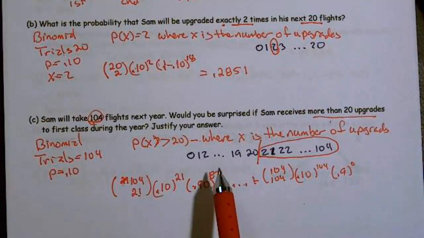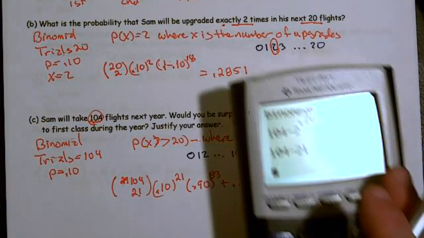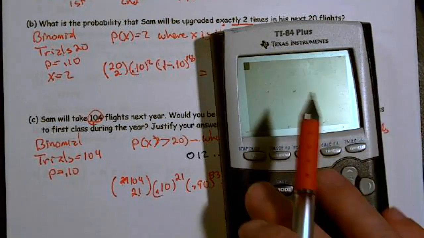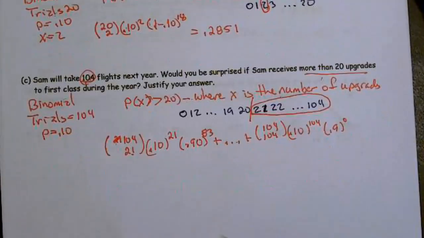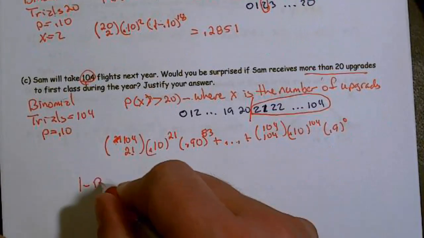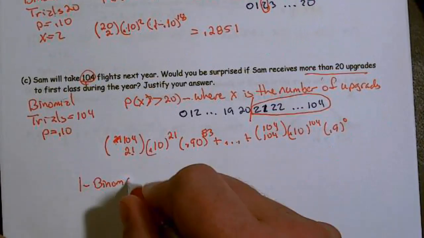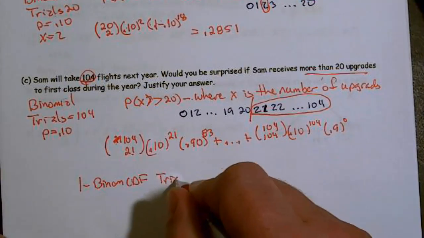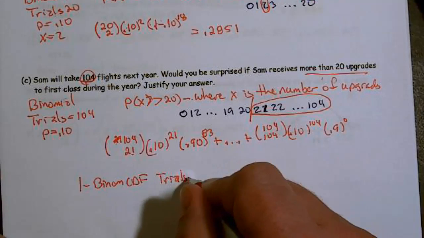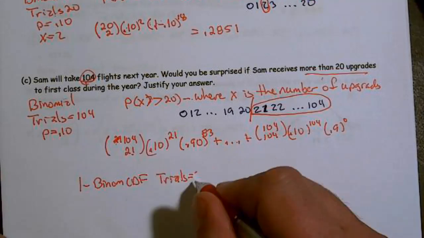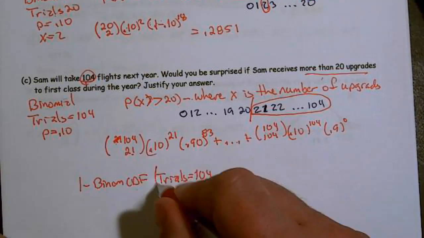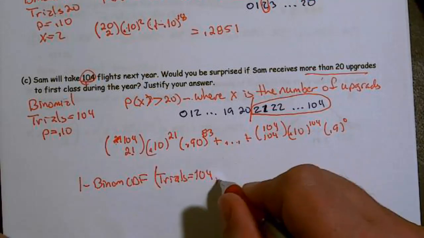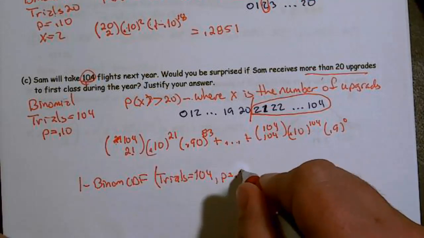That's my work shown. It's not the only way to show the work, but that's one way. But on the calculator, we can't do all these PDFs. So what we're going to do is a 1 minus. For our calculator, we're going to go 1 minus the binomial CDF. Our trials will equal 104. Our probability is going to be 0.10.